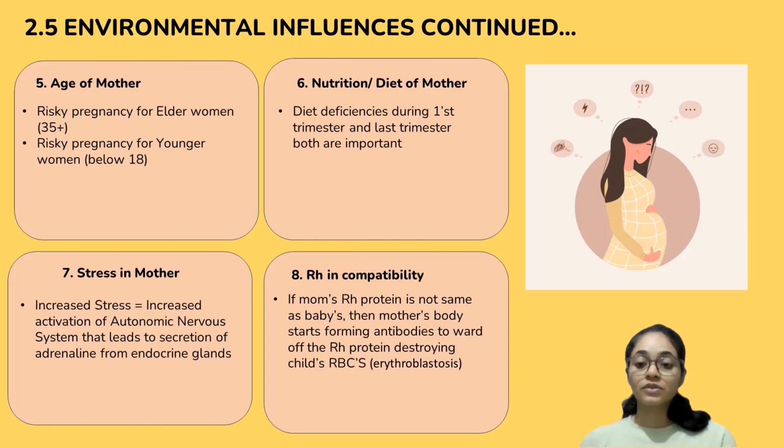So those mothers who try to conceive a baby above the age of 35, or those mothers who are way too young, below the age of 18, are at a risk of abortion, miscarriage or premature birth. In the case of elder women, their bodies do not have that much energy, strength or vitality anymore to bear a child.